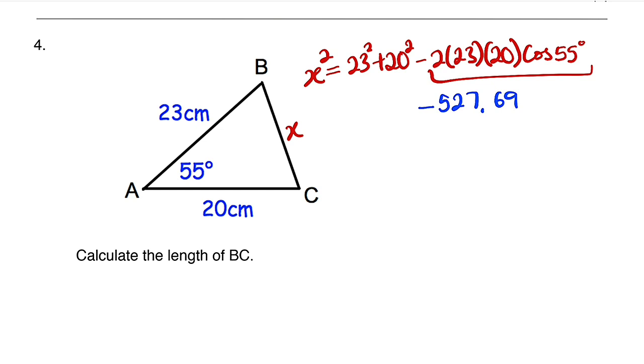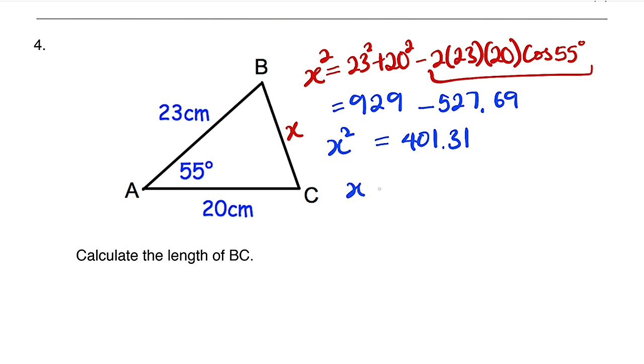Then what is 23 squared plus 20 squared? This is 929. Remember, this is x squared. 929 minus 527.69 is equal to 401.31. This is x squared, remember.